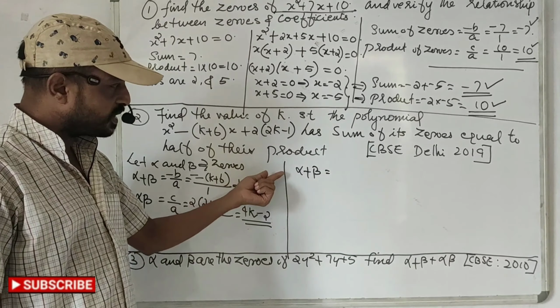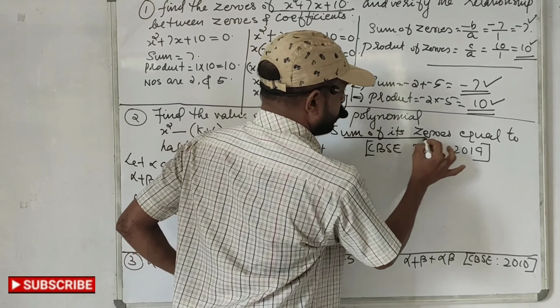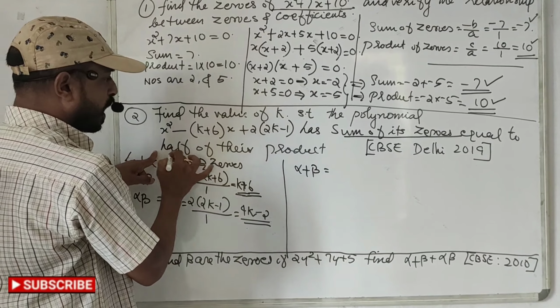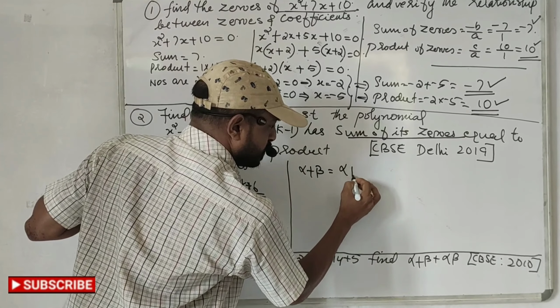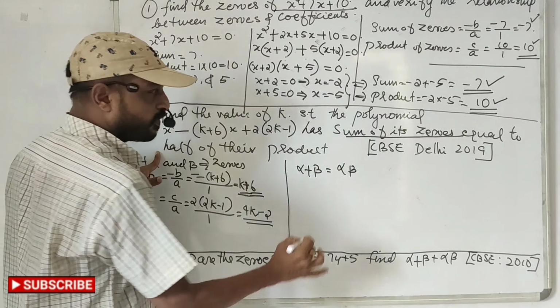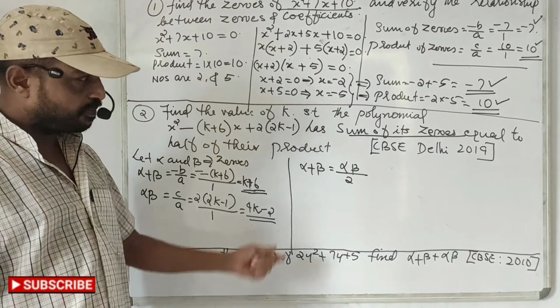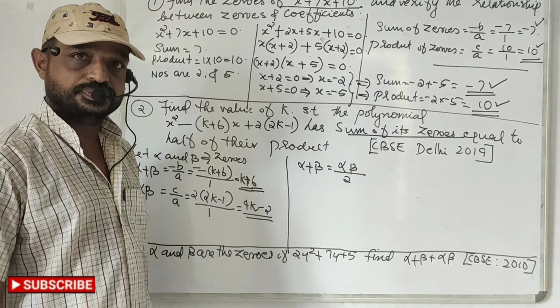So alpha plus beta is equal to half of their product. What is product of the roots? Alpha into beta. Half of the product is alpha into beta by 2. Is it clear? How do you obtain that half? In order to obtain half of something, just divide the quantity by 2.